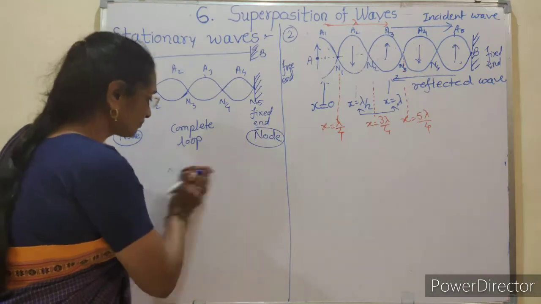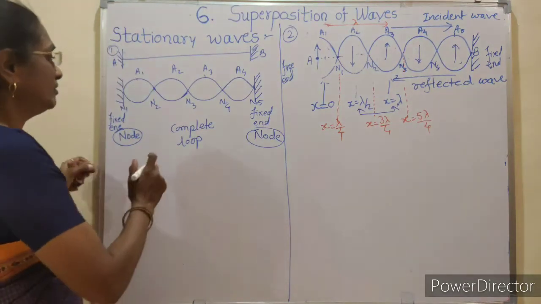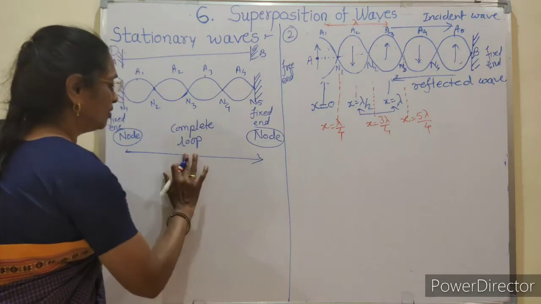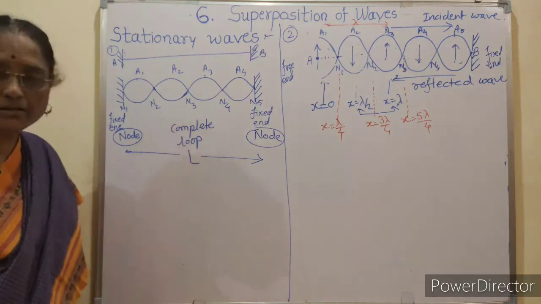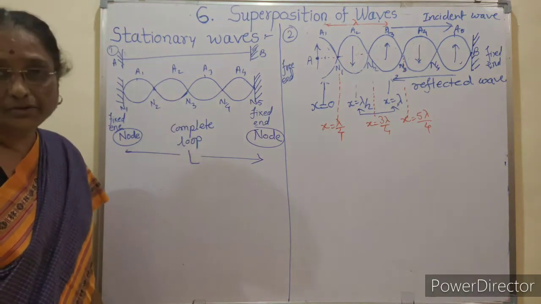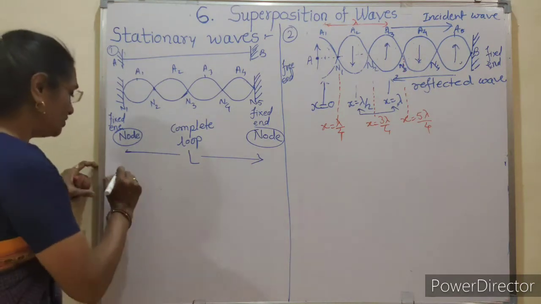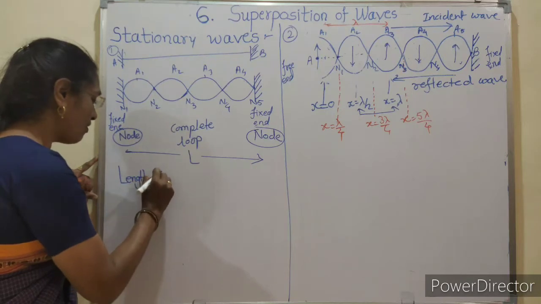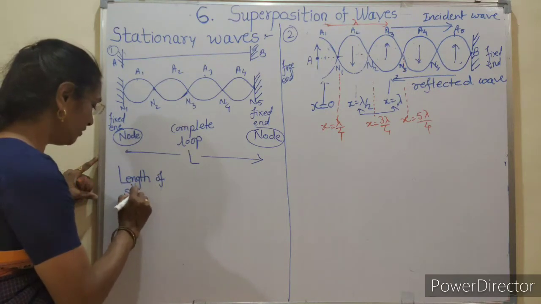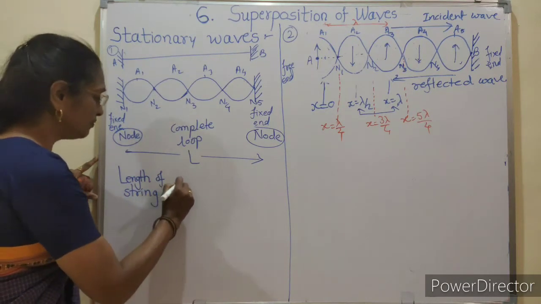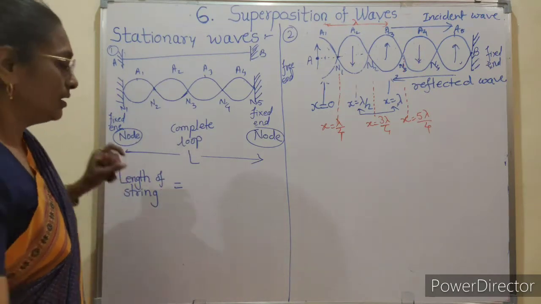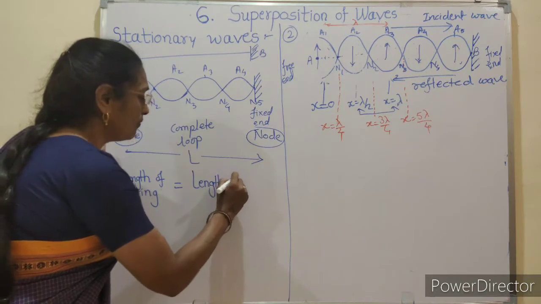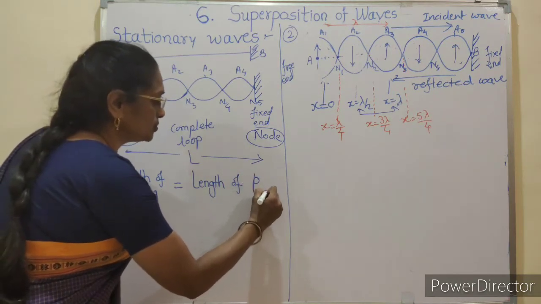If we take here the length of string as L, then we can write one expression like this: length of string is equal to length of P loops.